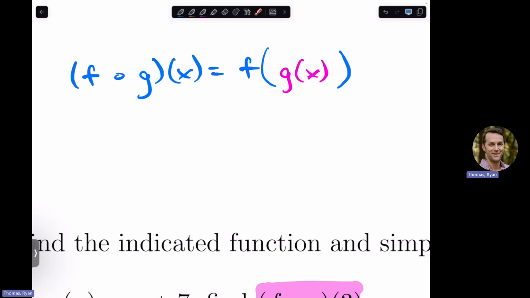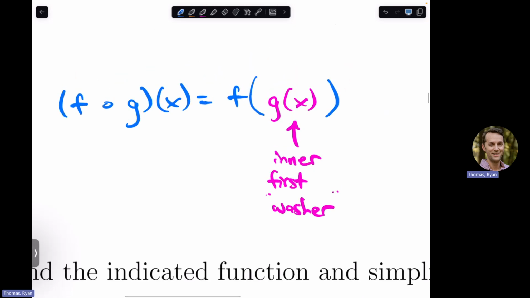So the inner thing here is the thing that happens first. That's the washer. The outer thing happens second. That's the dryer in the laundry example.